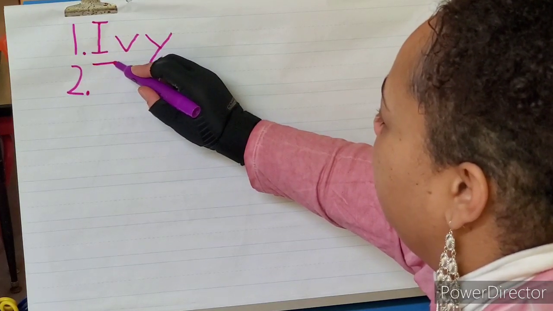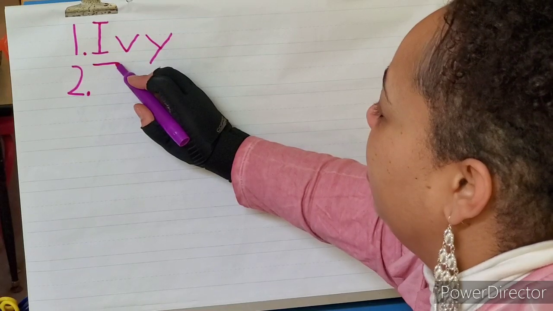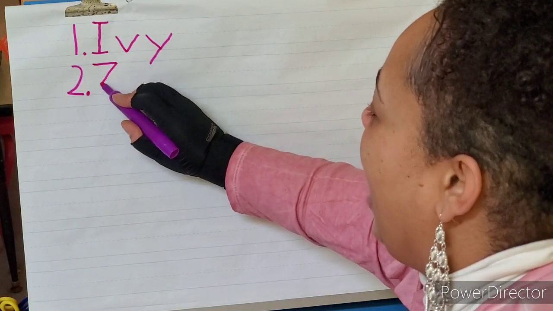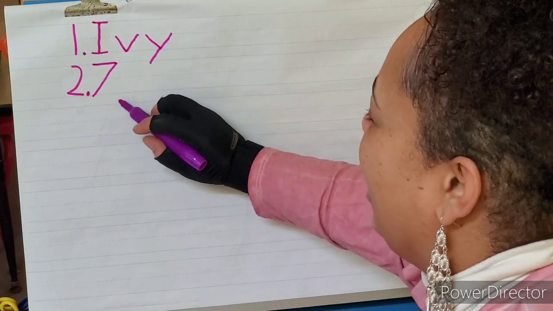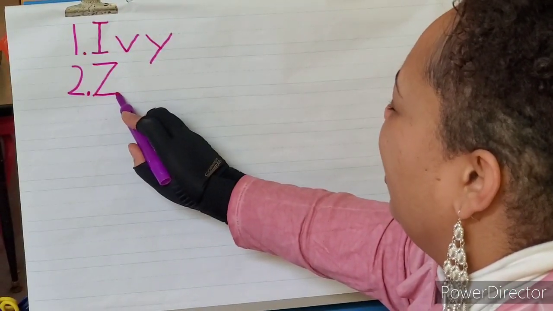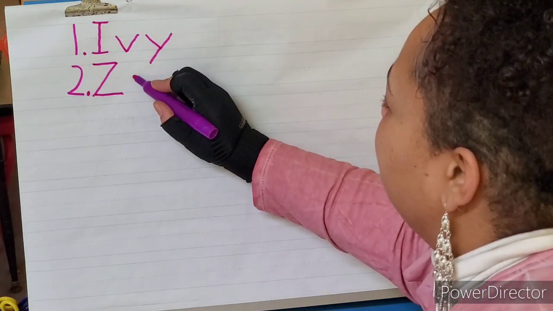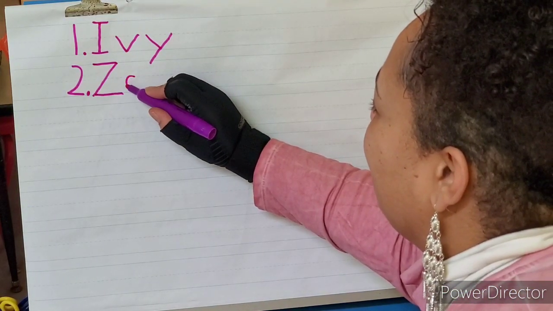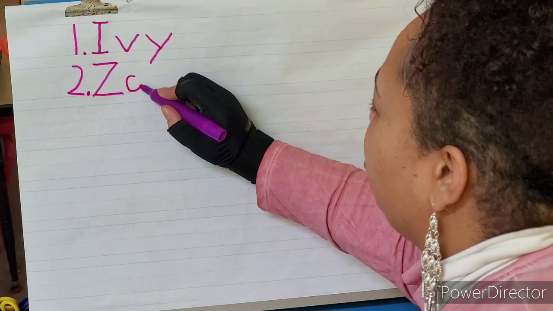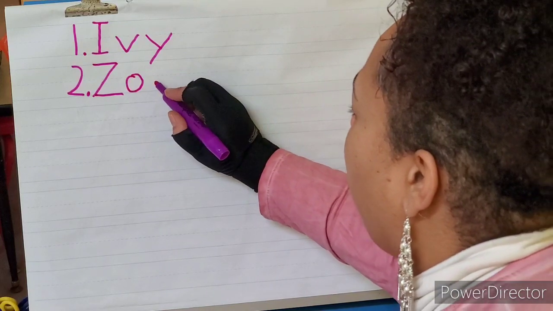We'll start with a longer horizontal line, then we'll go down a diagonal or leaning line, then we're going to do 1 more horizontal line going backwards. What letter did we write, friends? The letter Z. Then we're going to write the letter O. O is just a circle all the way around.